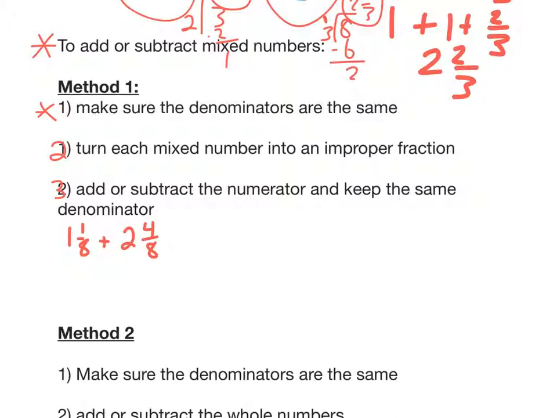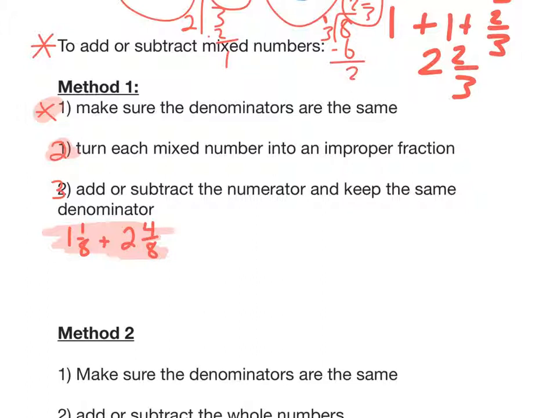Okay, so let's practice that method. Put this example into your notes under the examples section. Okay, so we are going to start with step number 1. Make sure the denominators are the same. Well, they are. You can see both denominators are 8. Step number 2.